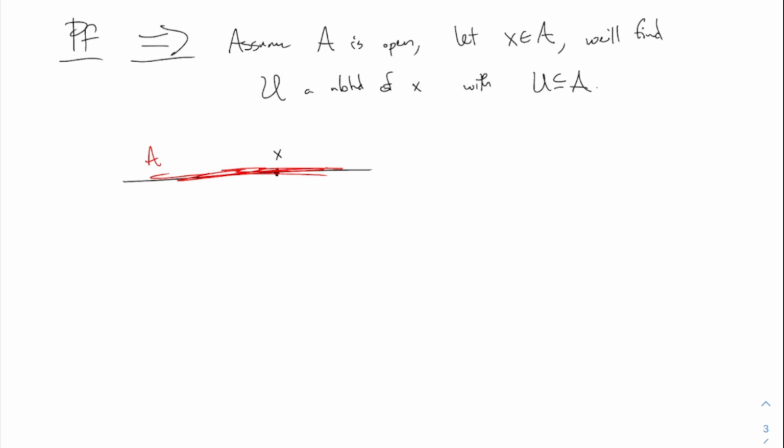Remember, neighborhood of X just means some open set which X is part of. Yeah? Isn't that in the definition of A being open? Yes, A is an open set. So if you're feeling like this is kind of stupid, you are right. Can you tell me an open set which X is part of? The answer is A.